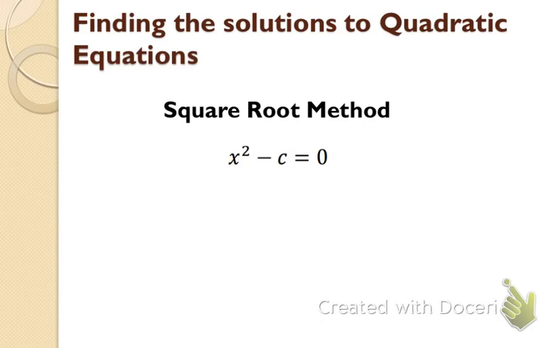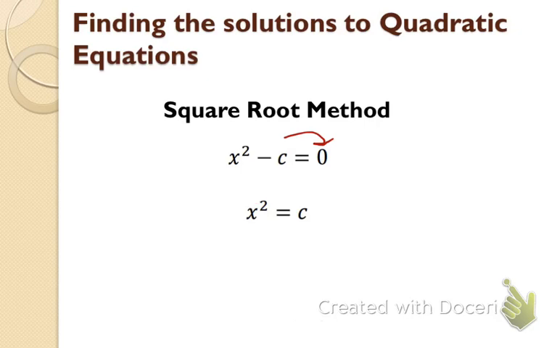Okay, going back to this method. So we have these two terms, and there's a single x, which is perfect because what we can do is isolate everything that is around the x to get it by itself. So what we do is we move the c over, and we have this here. Next thing we got to do is, okay, how can you get rid of that power of 2?